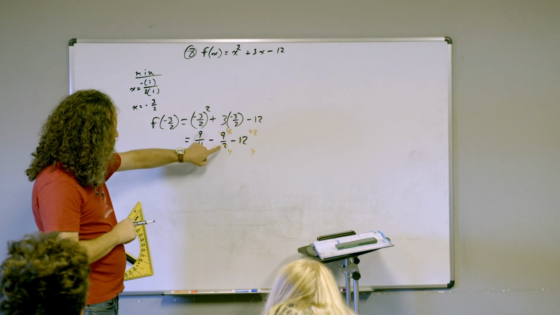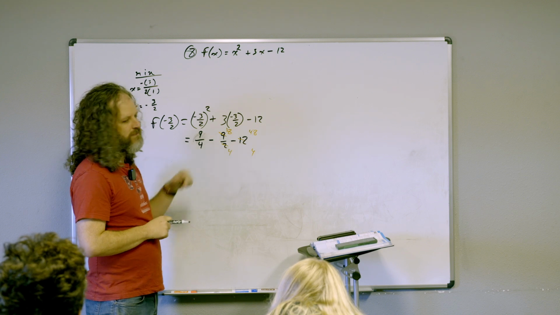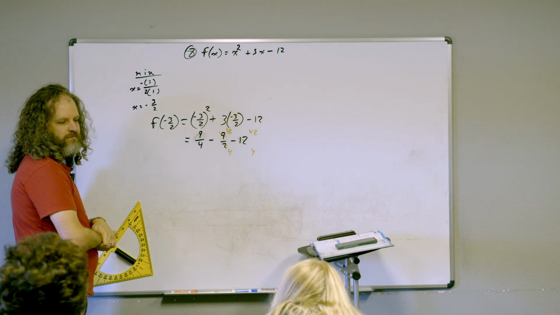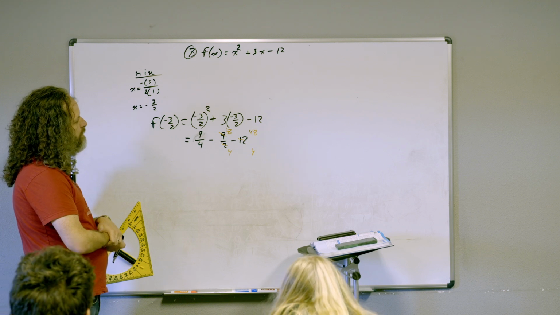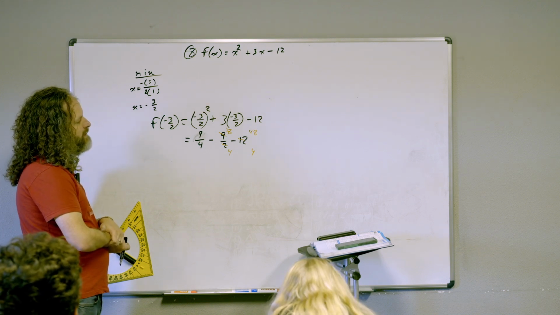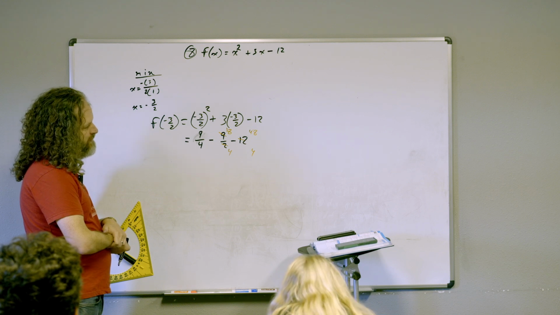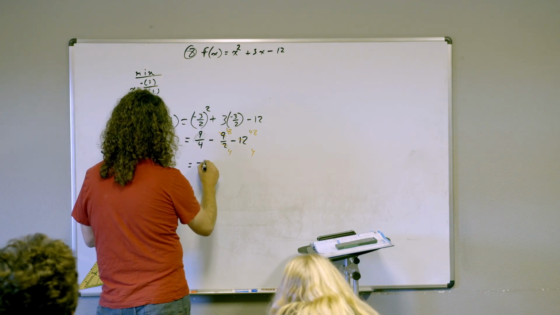So I had to multiply times 2 to turn this one into a 4. I had to multiply times 4 to turn this one into a 4 in the bottom. So negative 9 plus negative 48 is negative 57/4.